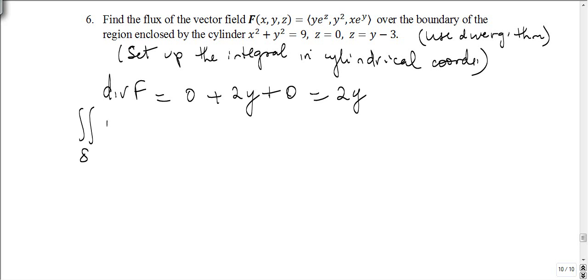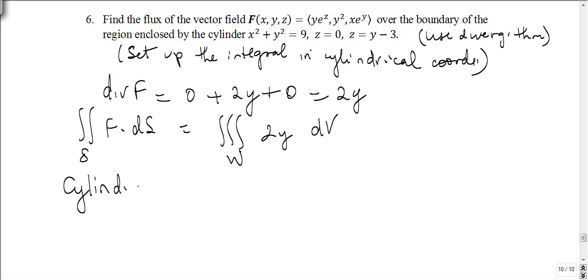So that's your flux, is equal to the triple integral over W, and again, we're using the divergence theorem because it's a closed surface, of 2y dV. Now, as I said, we're using cylindrical coordinates, so let's start.